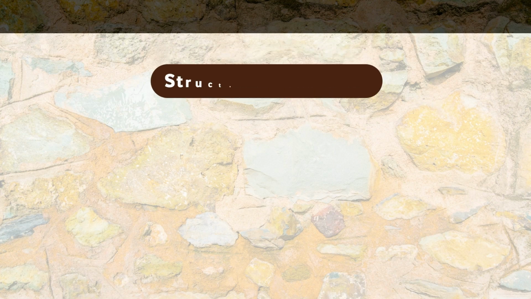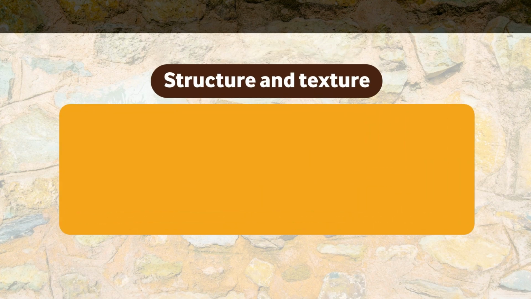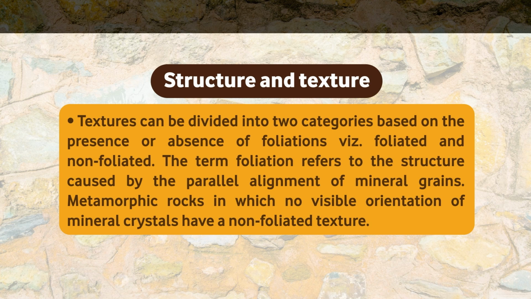Based on structure and textures, metamorphic rocks can be broadly categorized into two varieties by the presence or absence of foliations: foliated and non-foliated. The term foliation usually refers to the structure which is caused by the parallel alignment of mineral grains.